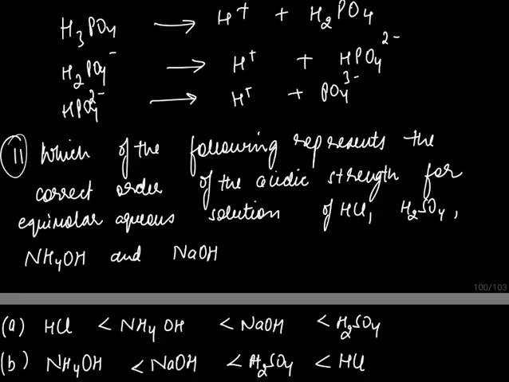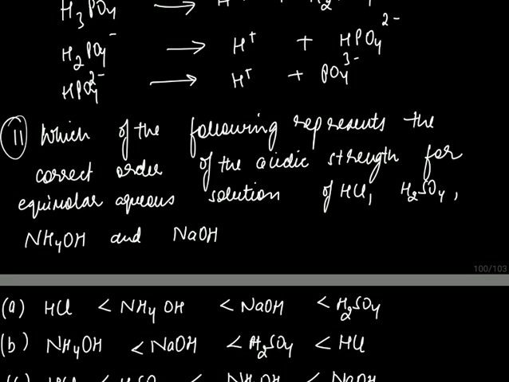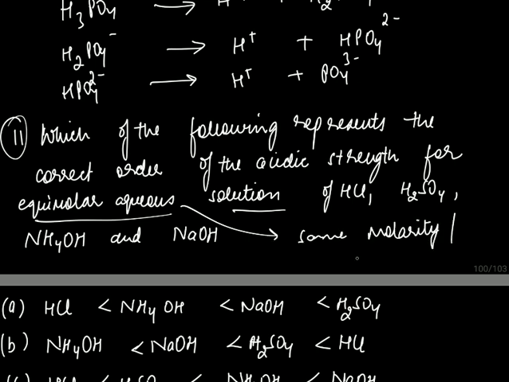Next, which of the following represents the correct order of the acidic strength for equimolar aqueous solution? So equimolar, molarity we still have to discuss. That will be uploaded soon. Equimolar means same concentration, same molarity. Molarity I still haven't introduced, but we'll do it soon.